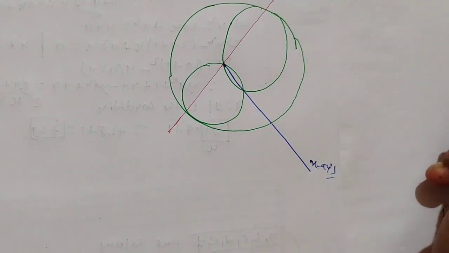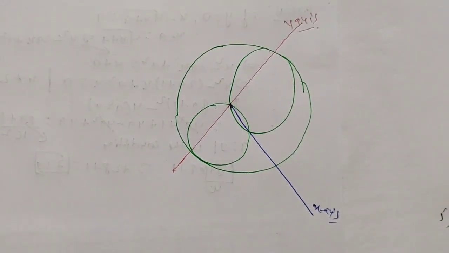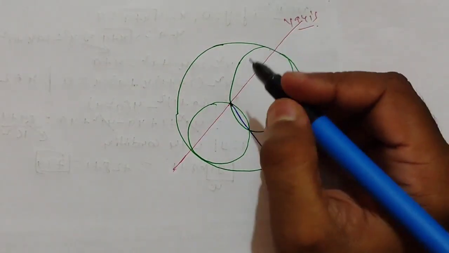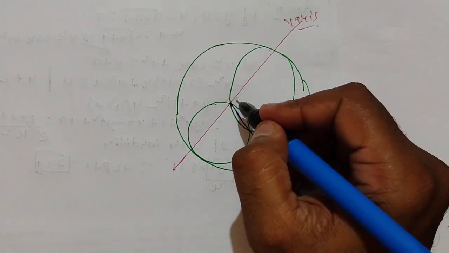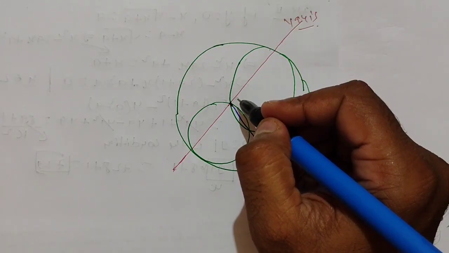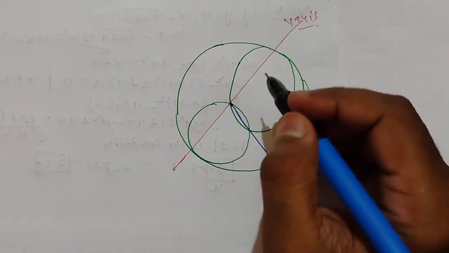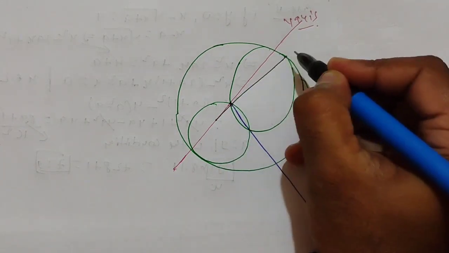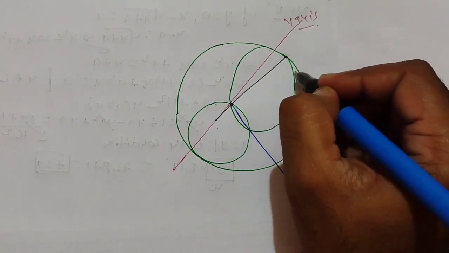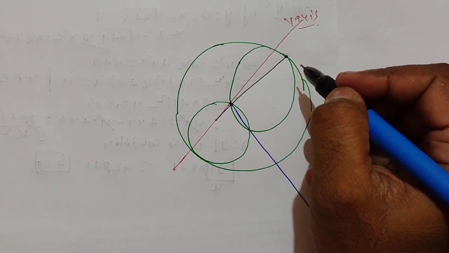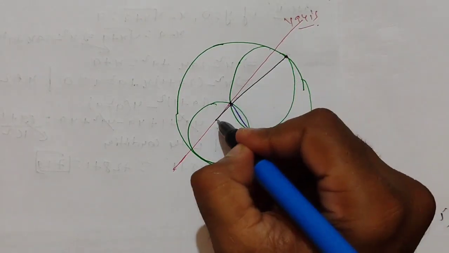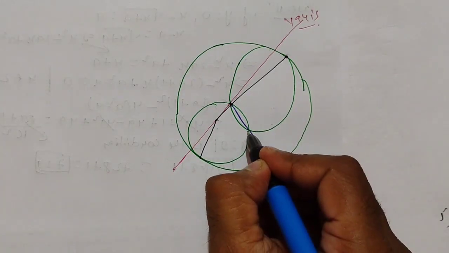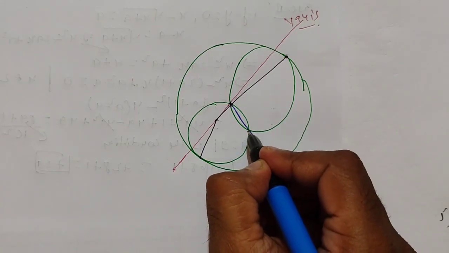This is the point of tangency of these two circles, and this is the point of intersection of these two inner circles.